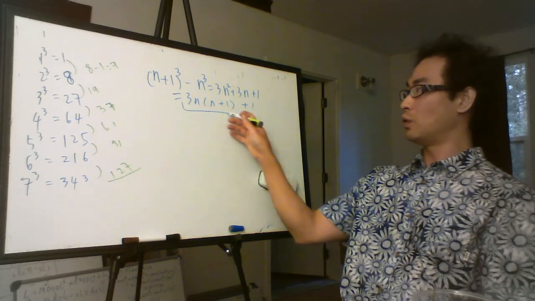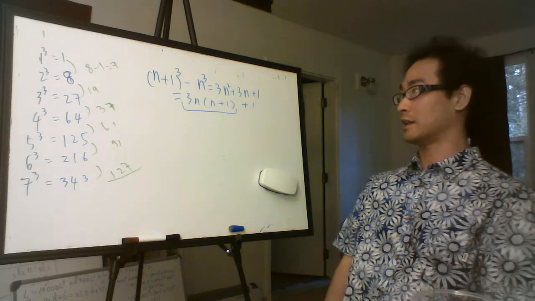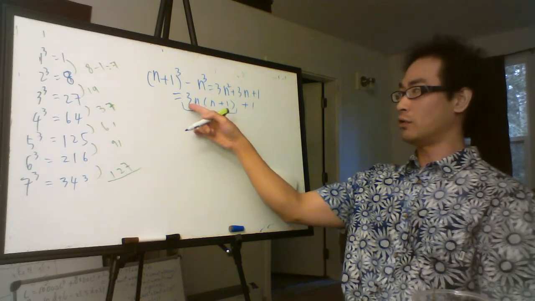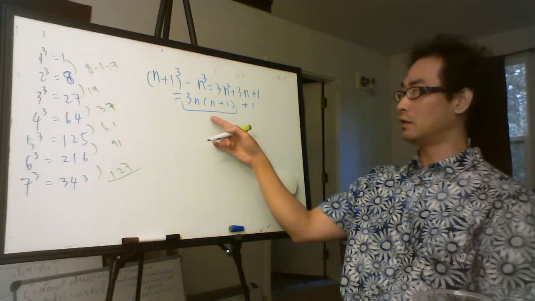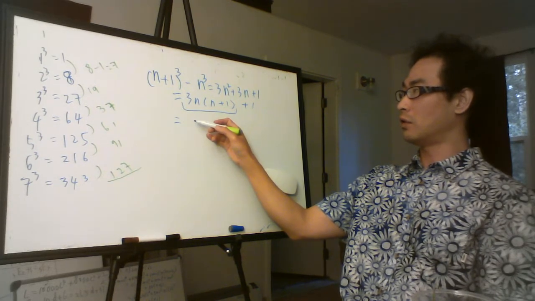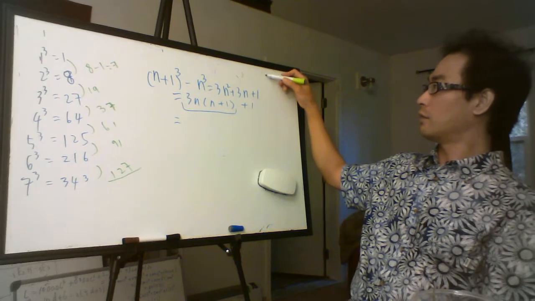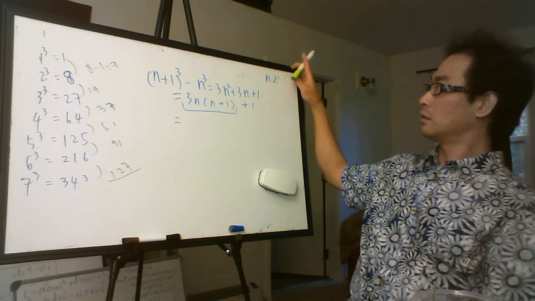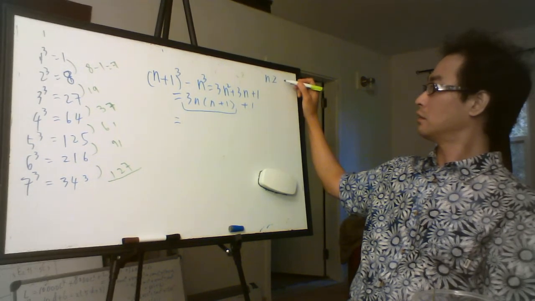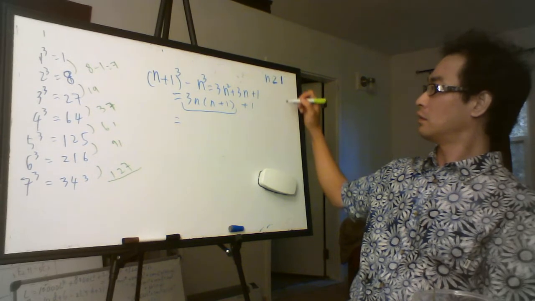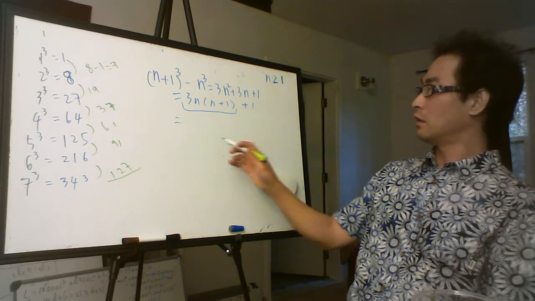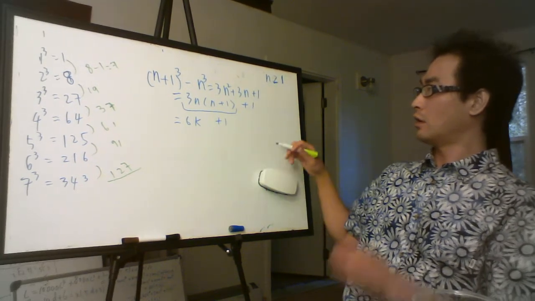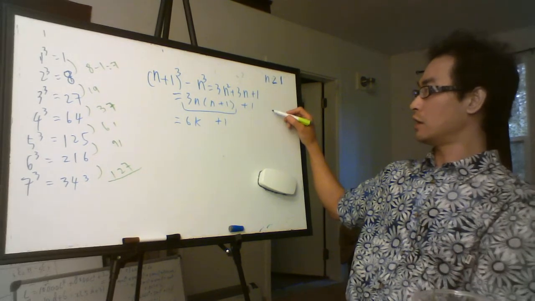We know this is always a multiple of 6. Okay, because n times n plus 1 contains a 2, an even number. And if you have 3, so this is like what? Here you have, n is one or more, right? And this is 6 times k plus 1. And if n is 1 or more, then k is what?